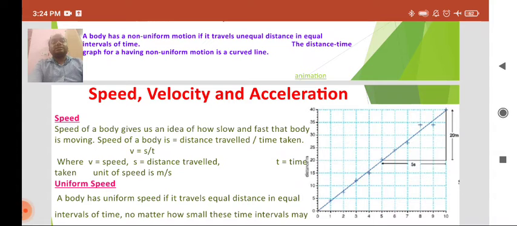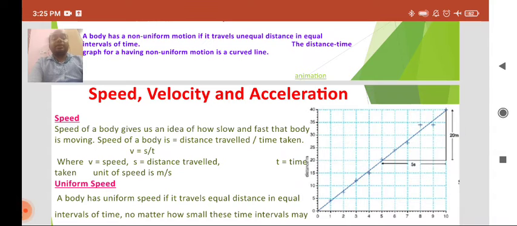Speed means any object having speed, like a car, vehicles, etc. It is defined as speed. Speed of a body gives us an idea of how slow or fast that body is moving.